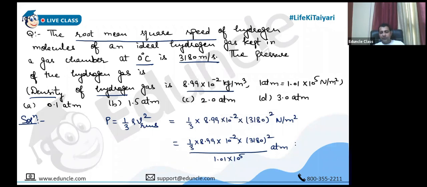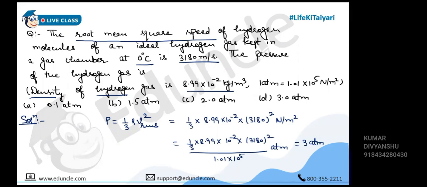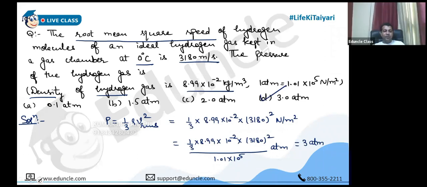Yeah, it must be equal to 3 atmosphere only. Are you getting 3 atmosphere, students? Yes, sir. So D option is correct. Simple, now you just need to remember the formula. So this is the first application of this formula.